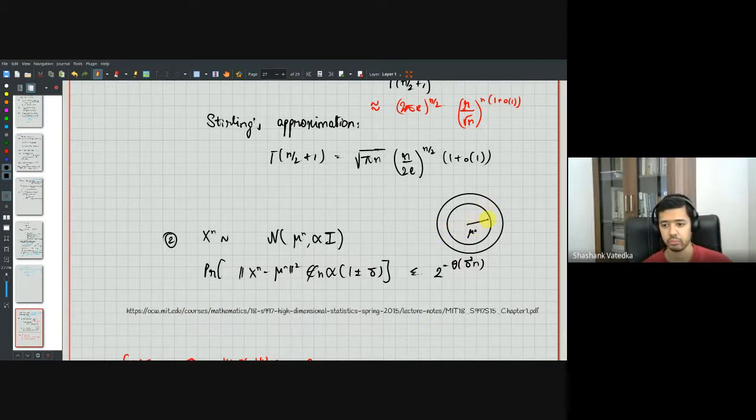The distance between xn and mu n is going to be between alpha times 1 minus delta and alpha times 1 plus delta, and this gap is roughly root alpha to root delta.